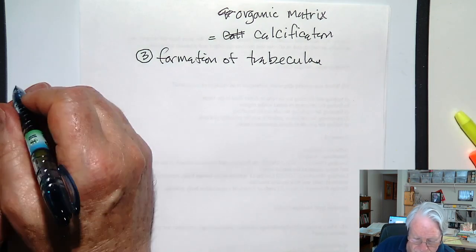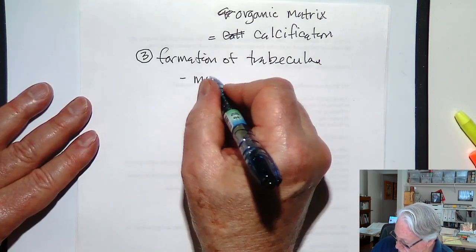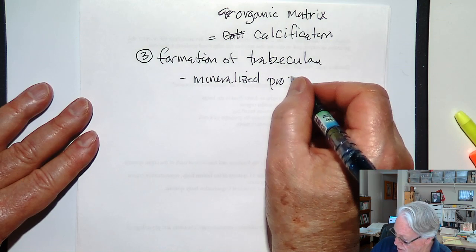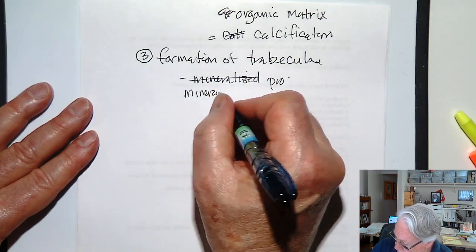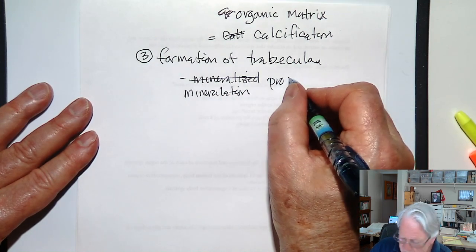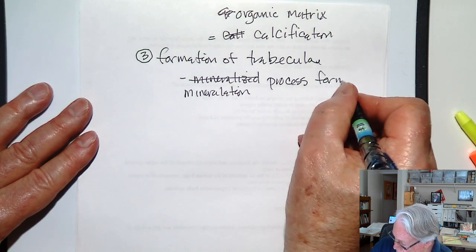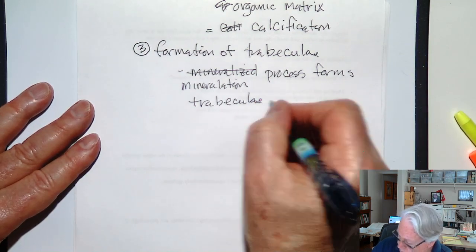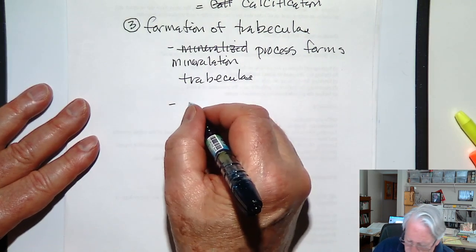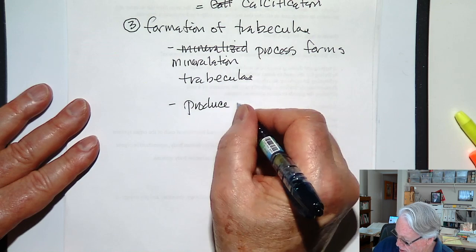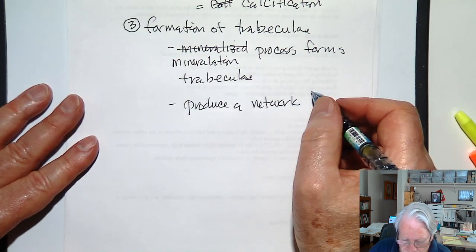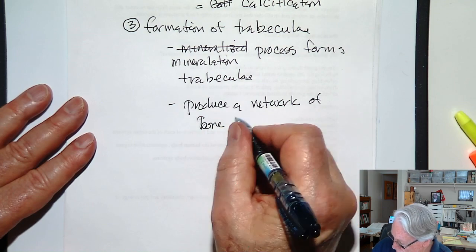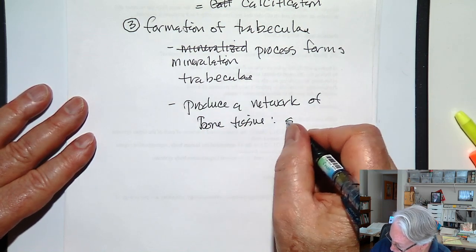The mineralization process forms trabeculae, and this is going to produce a network of bone tissue, which we can now call spongy bone.